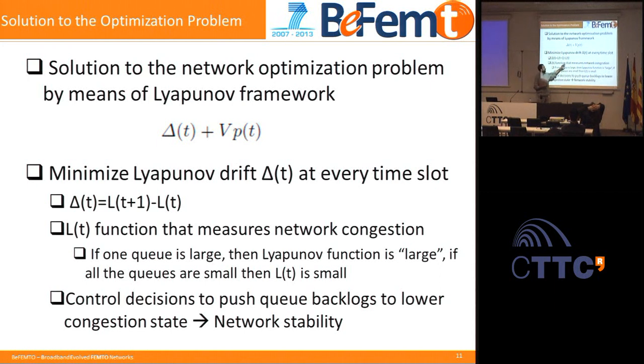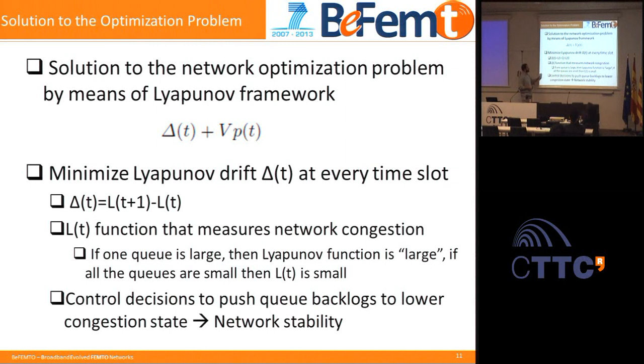You have one certain congestion state in time slot t, and you have a different one in the next time slot. And this is the definition. It's defined in a way that if you have a single Q which is quite backloaded, then this L function is quite high. For having a low L, you would have all networks Q backlogs quite low. Otherwise, it would be high.